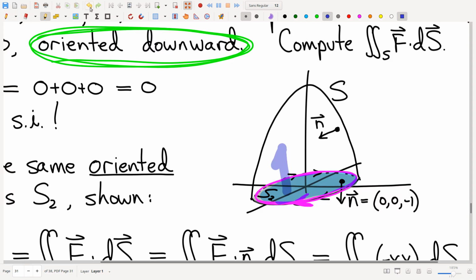Okay, so getting it wrong just for fun. What if my normal on my new surface was upward? Well, if my normal on my new surface were upward, right hand, thumb, you look at my fingers, right?